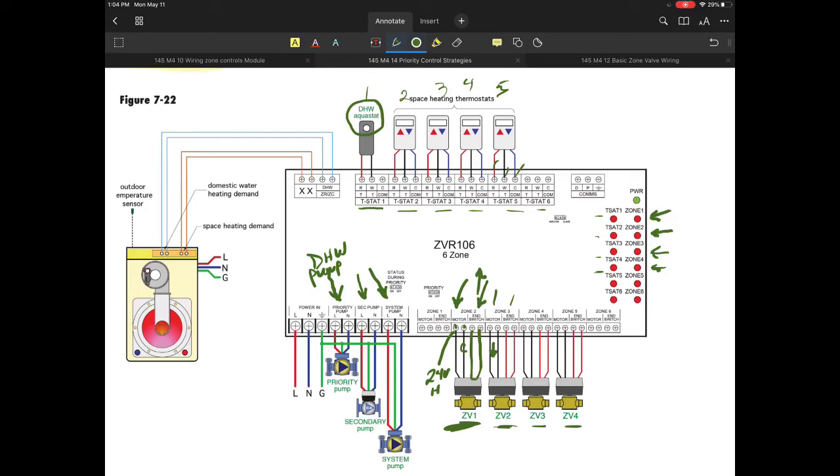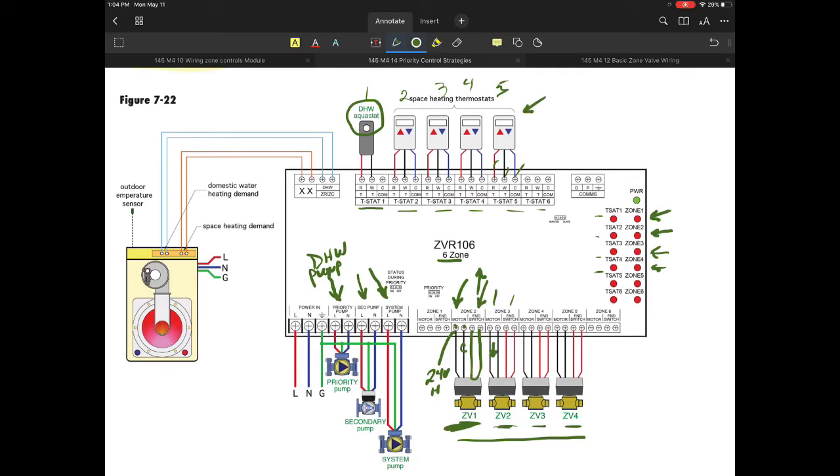Now, that being said, this one also has a control to allow us to control the priority pump. The priority pump is deemed as the domestic hot water pump in this case. And of course, you can see the diagram up above to identify that.